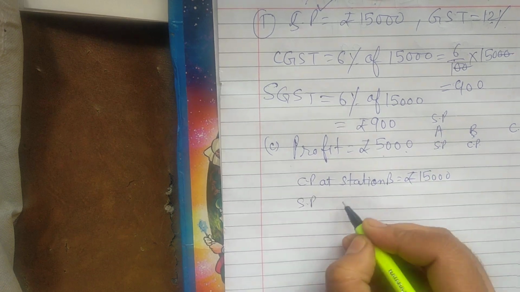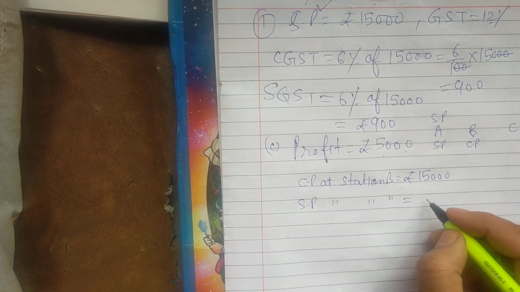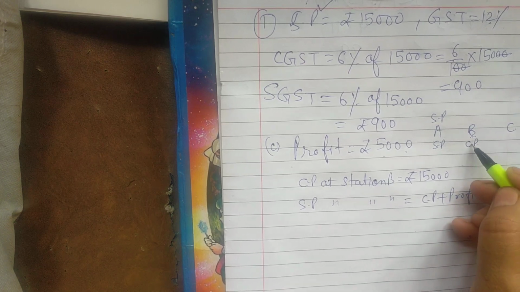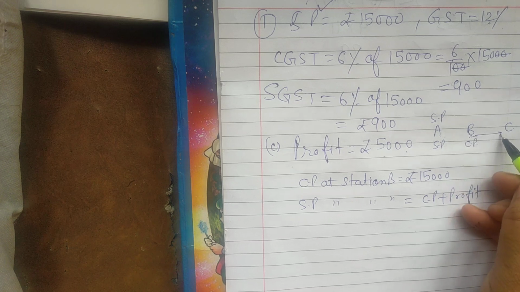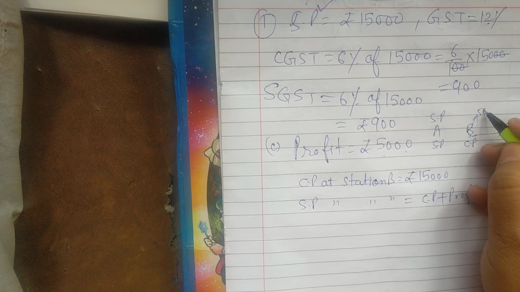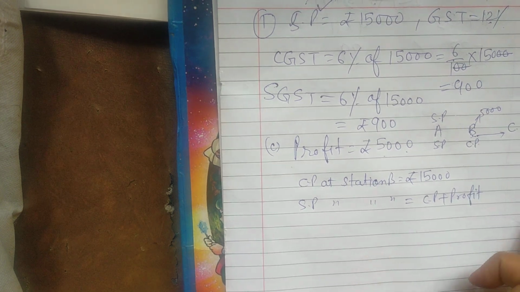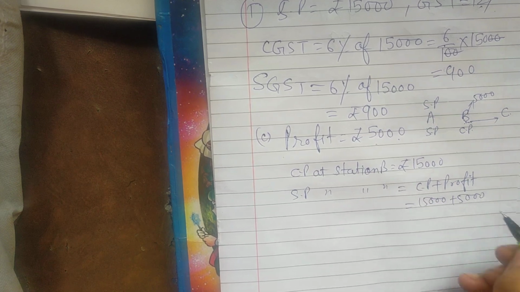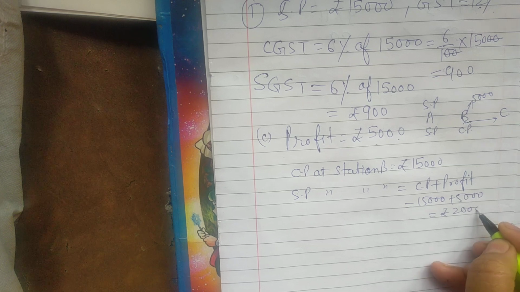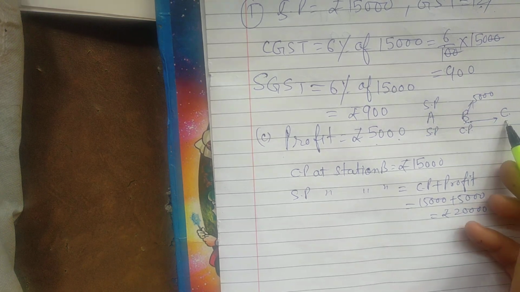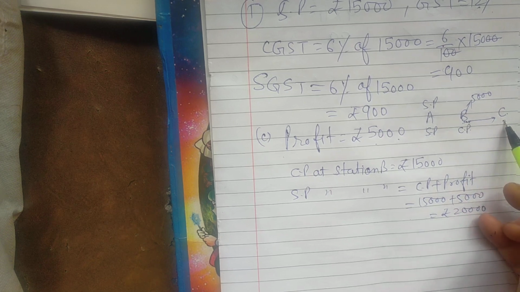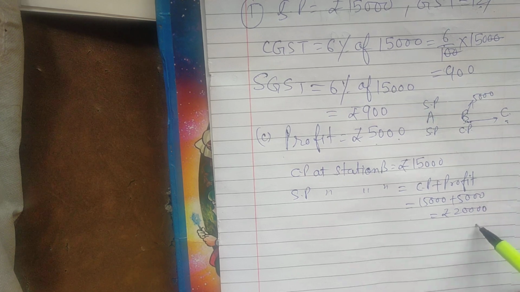So SP at station B is equal to CP plus profit. Means when they sell, they will get the profit of 5,000. So 15,000 plus 5,000 is equal to 20,000. So this will be the cost price for C. So SP at station B is 20,000.